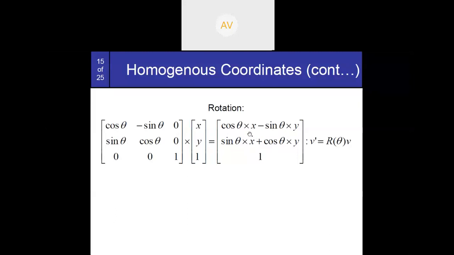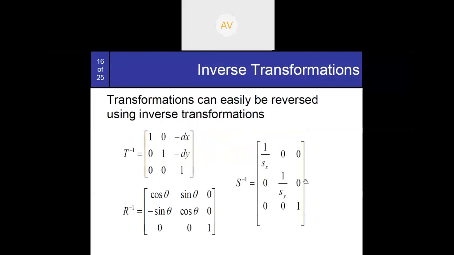So for the rotation transformation matrix, you have to remember cos theta, minus sin theta, 0, sin theta, cos theta, 0, 0 0 1. For rotating any object, you have to use this matrix. So earlier we have seen translation, scaling, and rotation.